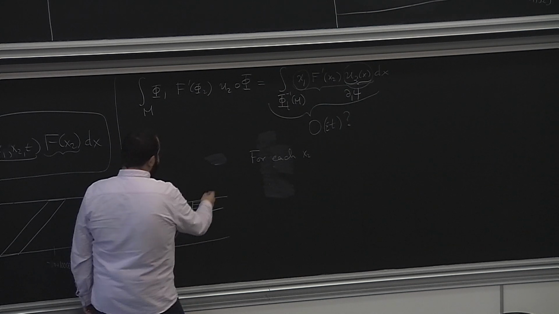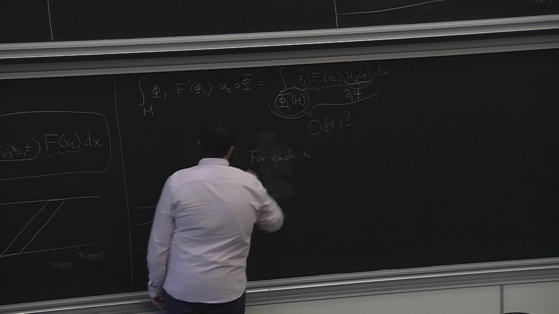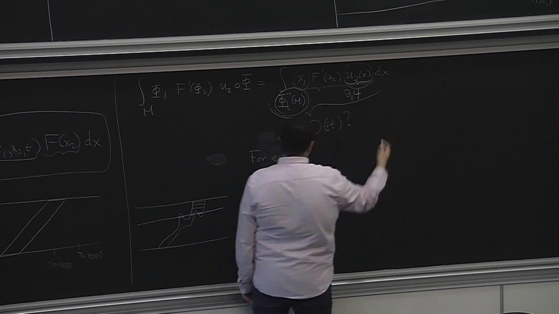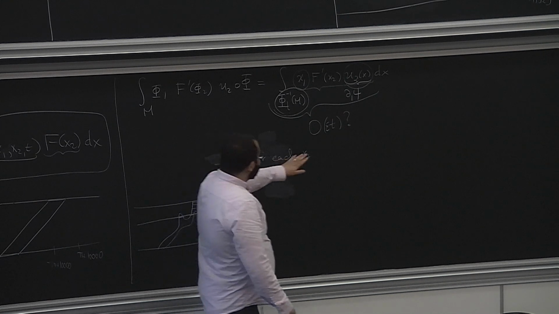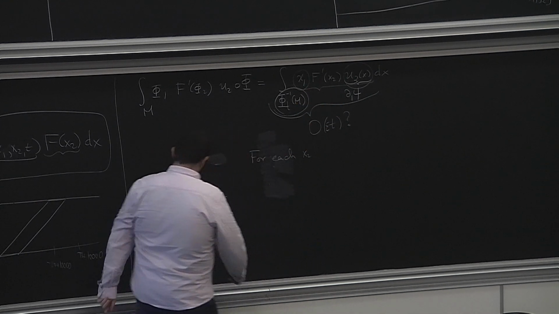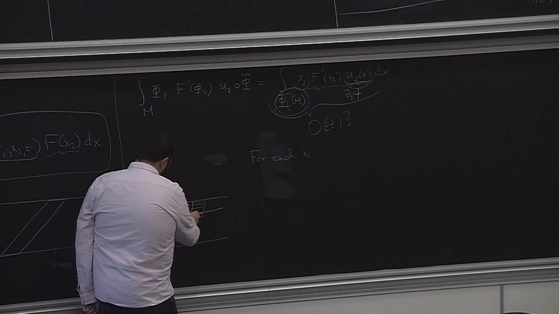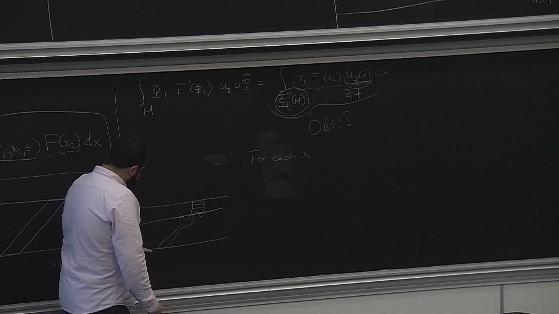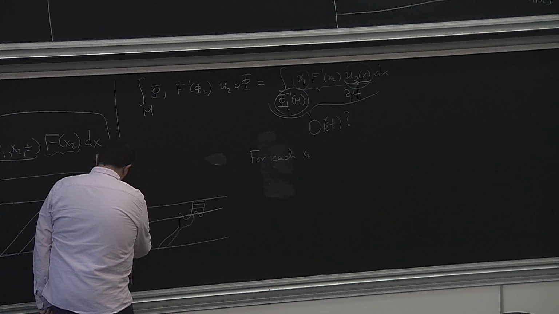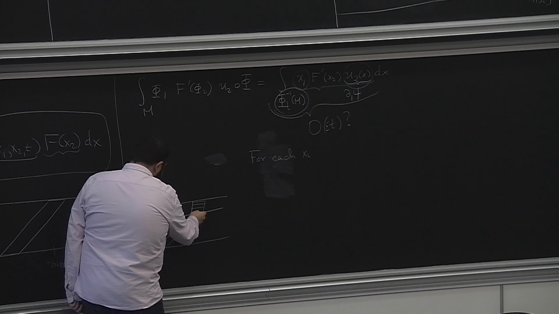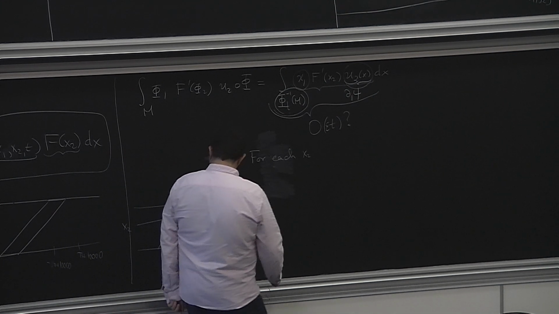Okay, so you're integrating on this thing, and you want to integrate by parts. The only thing you can do is integrate by parts in x1. But to do that, you need to know how it looks in x1. So you cut it. You take each slice in x2, and each slice is going to be some intervals.